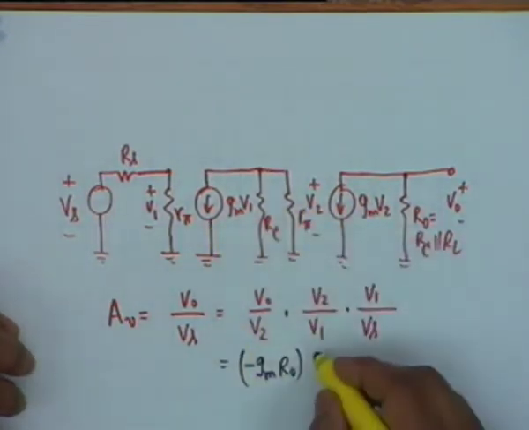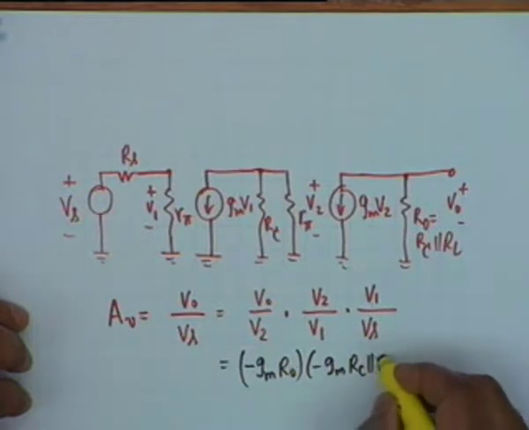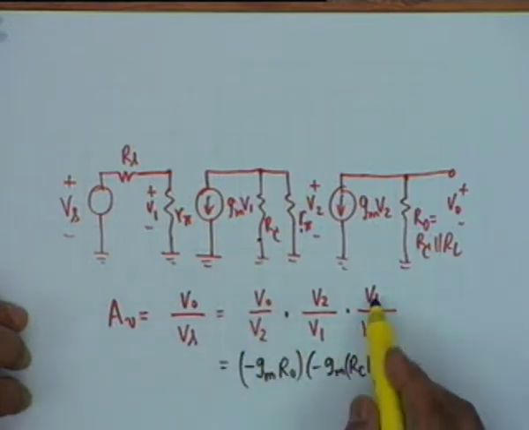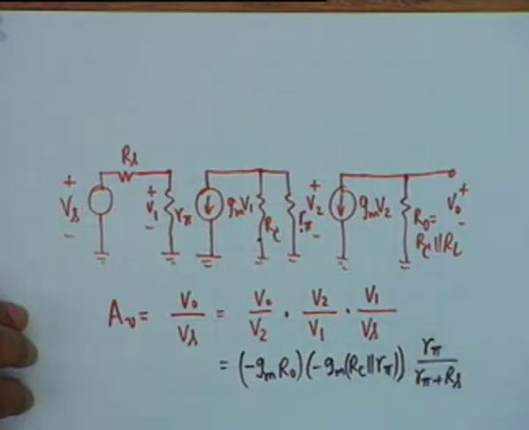V2 by V1 shall be minus gm times the parallel combination of Rc and R pi, all right, Rc and R pi. And V1 by Vs will be simply R pi divided by R pi plus Rs.